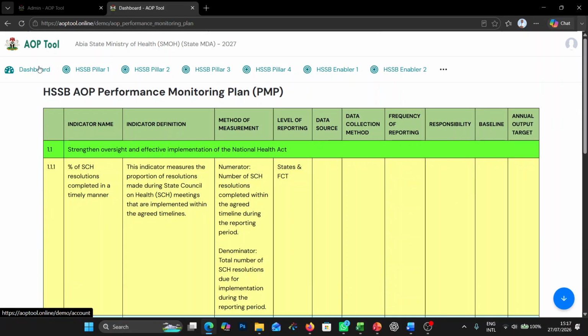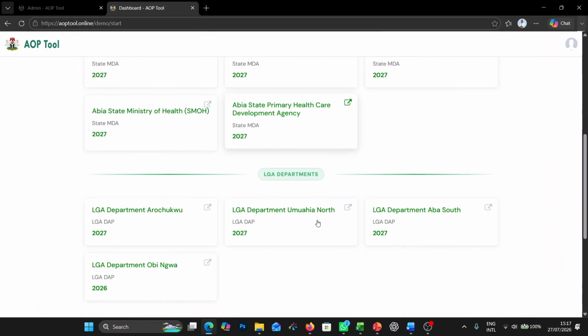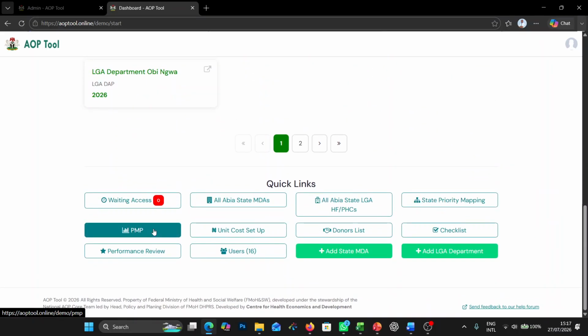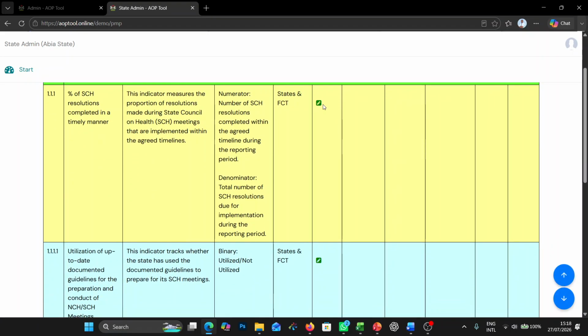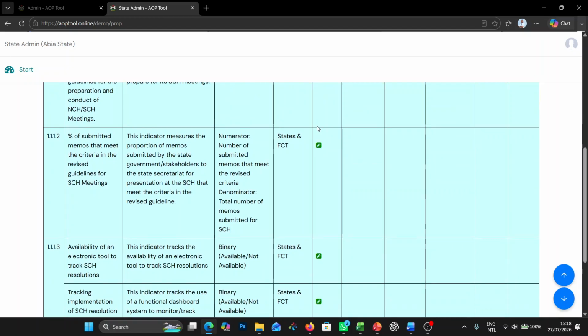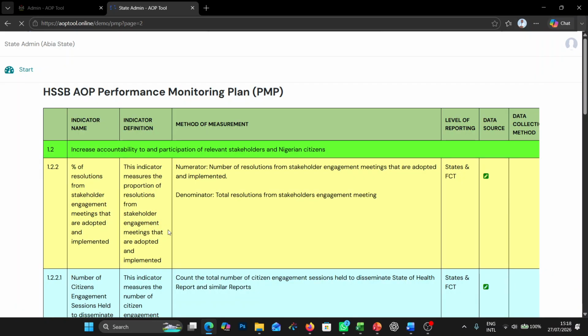How do you do that? The state admin is the one that can see this PMP module here. Once you click the PMP, the state admin will see the pencil where you can populate the information. A user won't be able to do that.